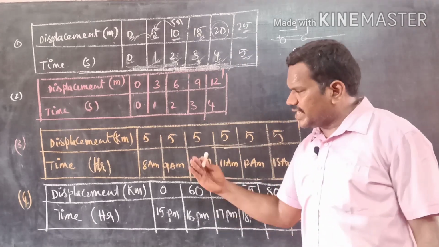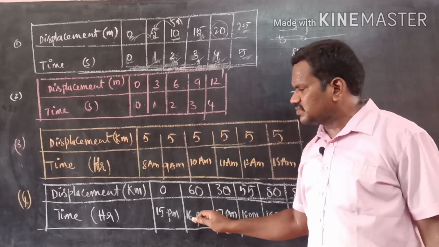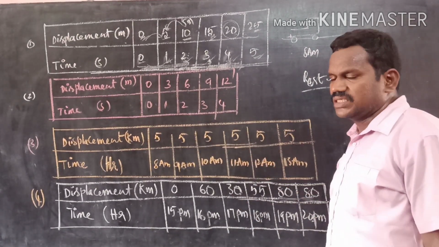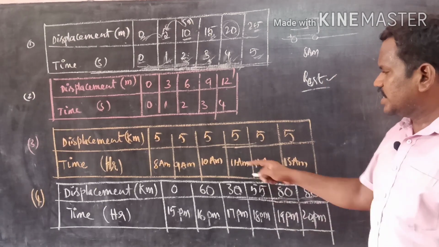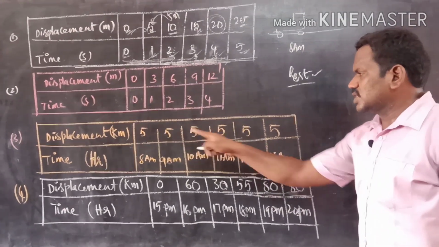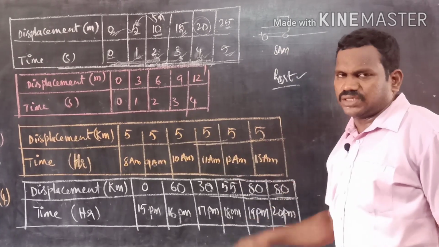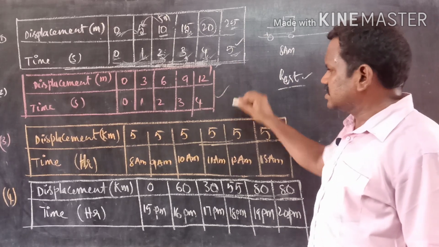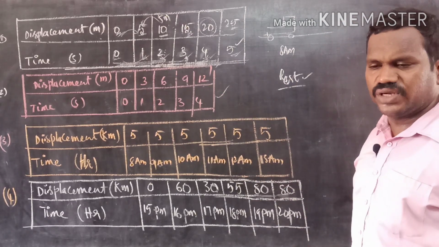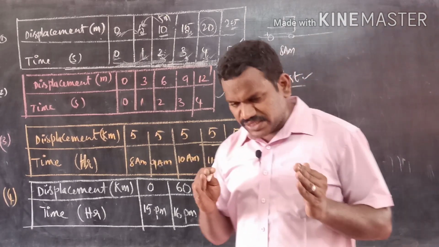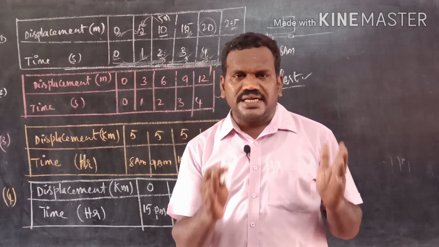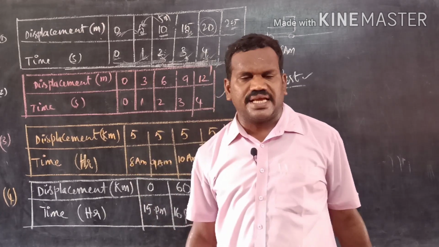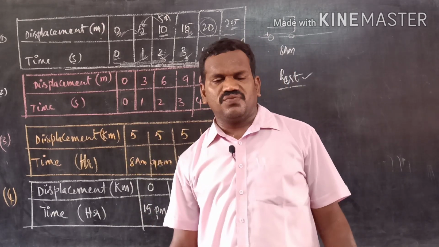Now the remaining cases, except the first, second and fourth cases, are in motion, whereas here the body is at rest. Though there is a change in the time interval, the body is showing a constant place. If we observe these two examples, they are examples of uniform motion. The body which takes equal displacements in regular intervals of time is said to be in uniform motion.